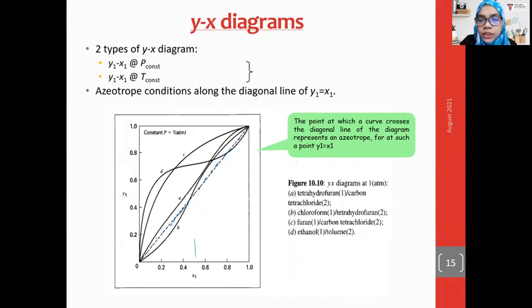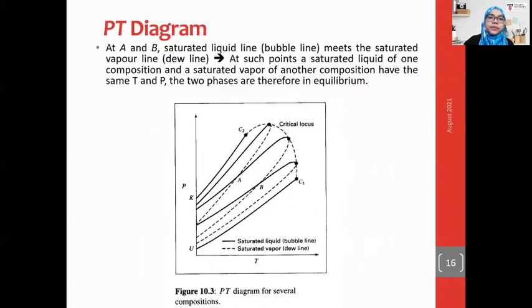The point at which the curve crosses the diagonal represents an azeotrope, where the azeotrope phase is observed.